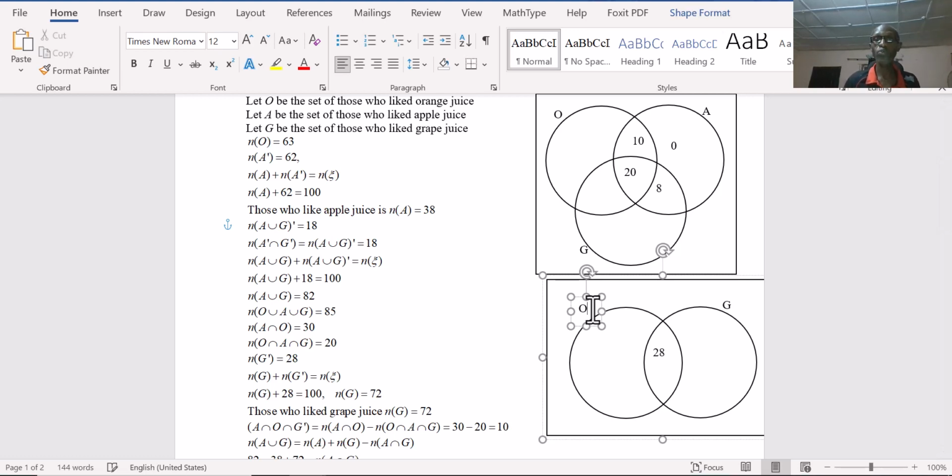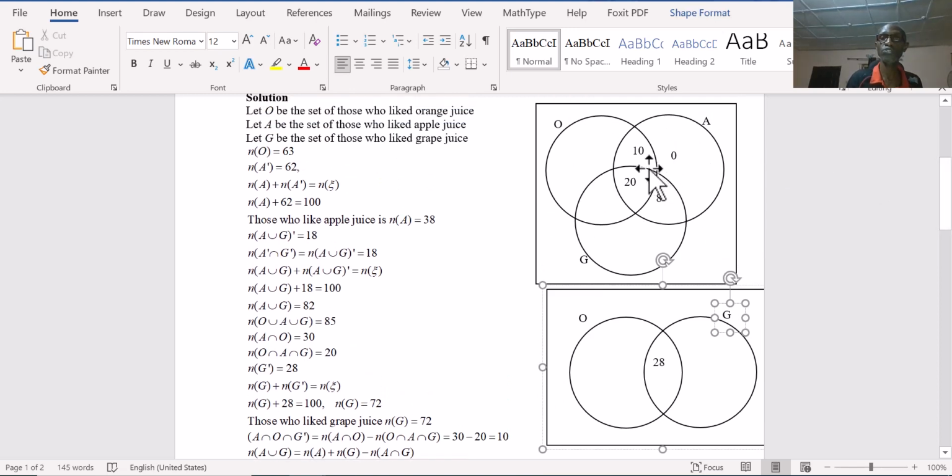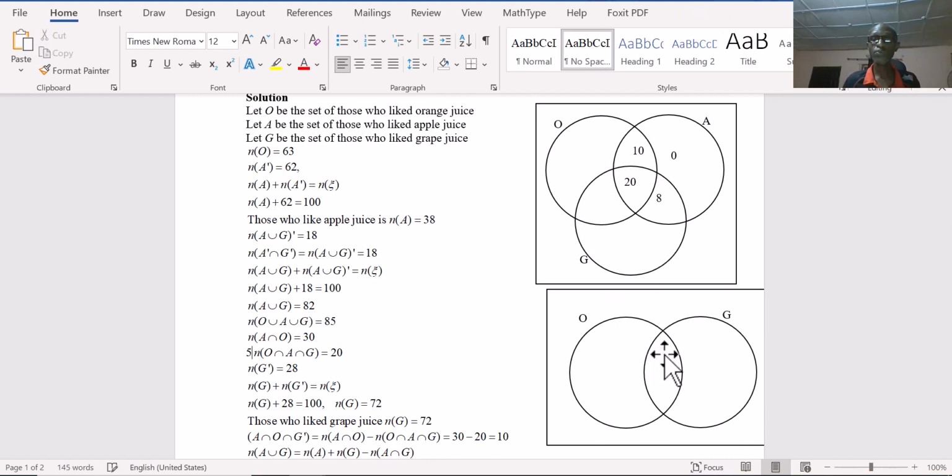Let's say this is O, and then this place is our G. So the overlap of these two circles, which is this portion here, there is 50 from our calculation. So I need to change this to 50. So everything here is 50.